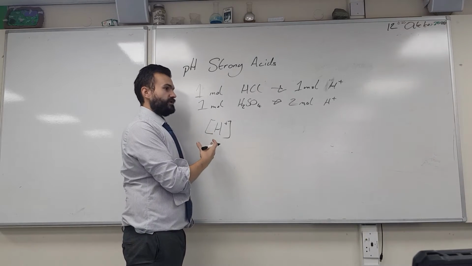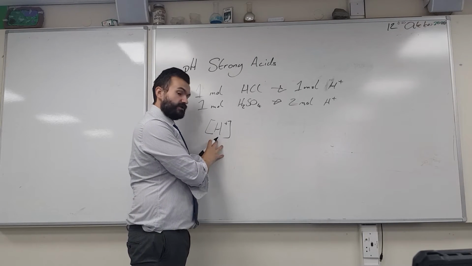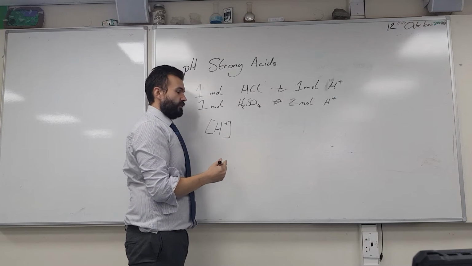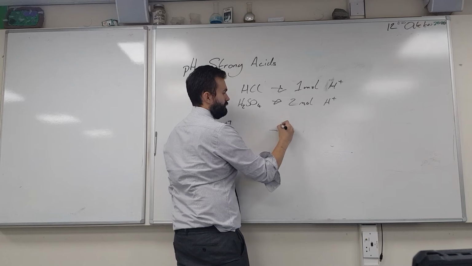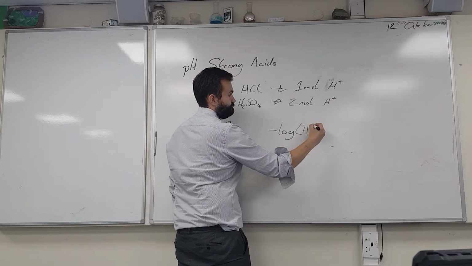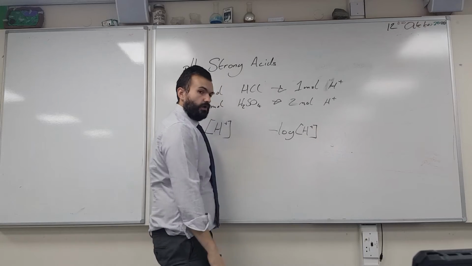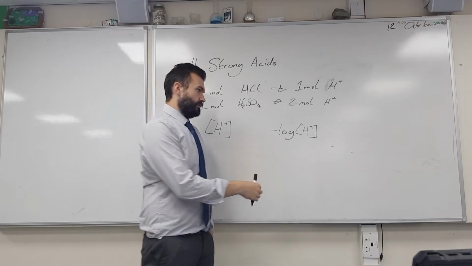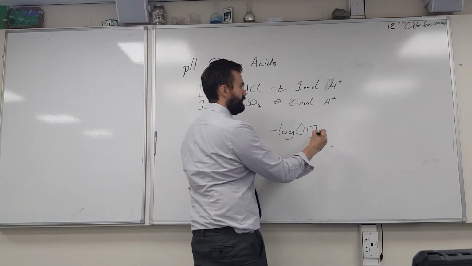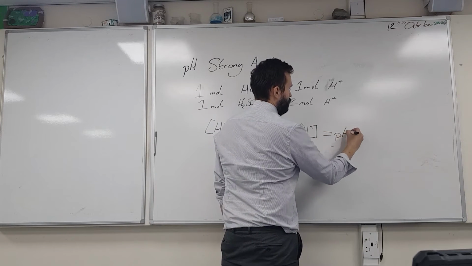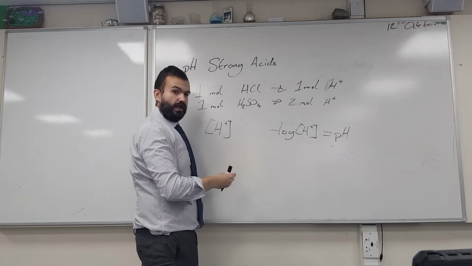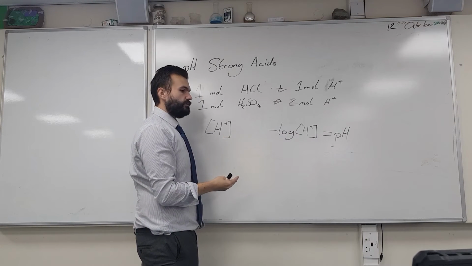Once you've found the concentration of the H+ ions, the protons, it's actually very easy. We do minus log of the concentration of H+. On your calculator, if you put minus log, then a number, it will give you the pH. What I generally do is the log of the number and then remove the negative symbol.